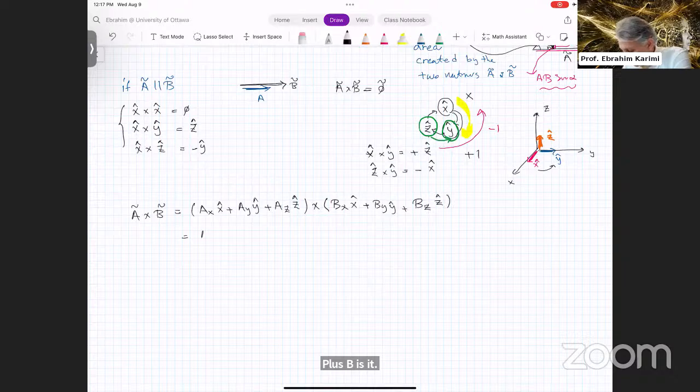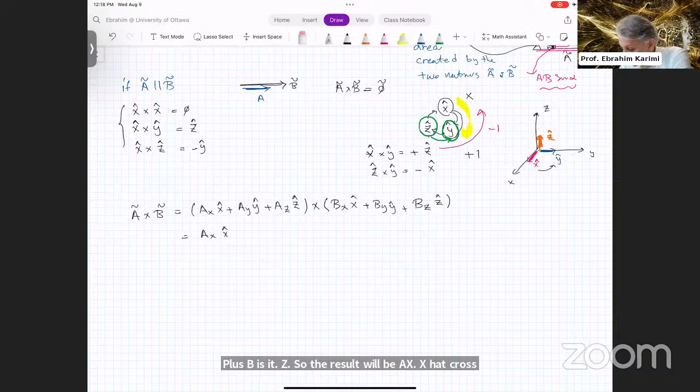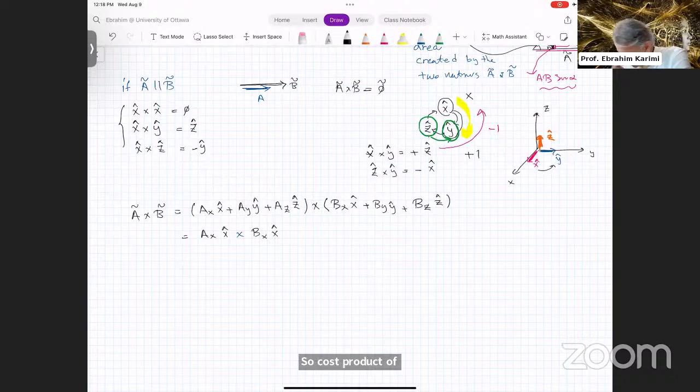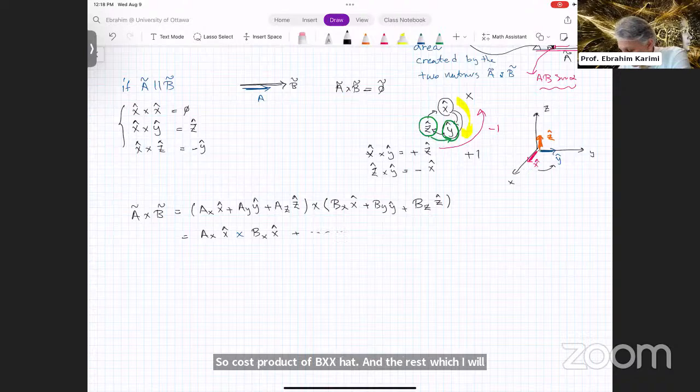So the result will be AX X hat cross product of BX X hat, and the rest I will not discuss for the time being.